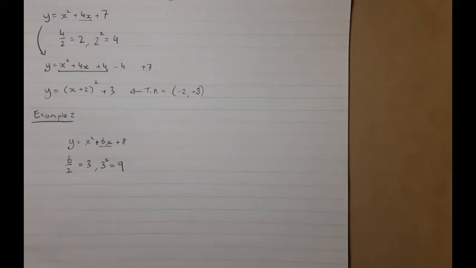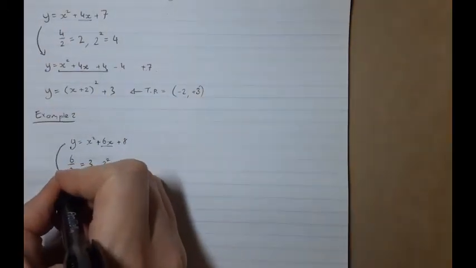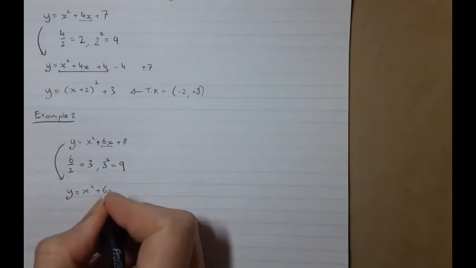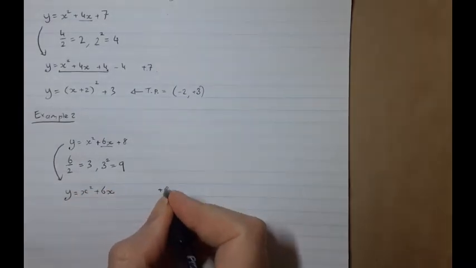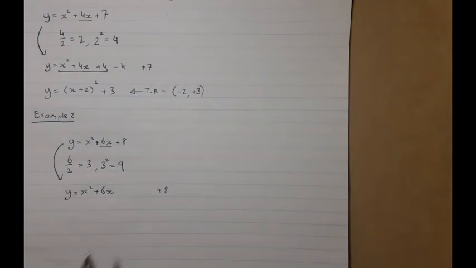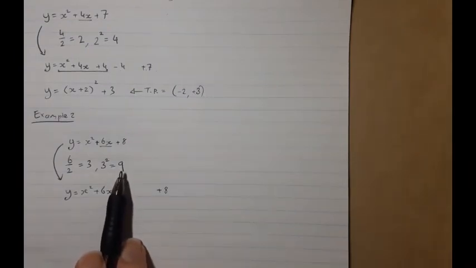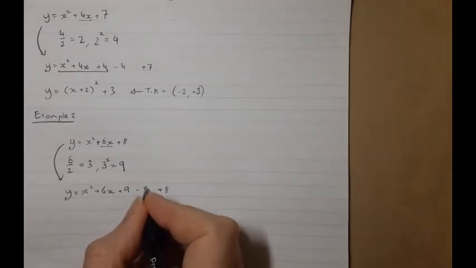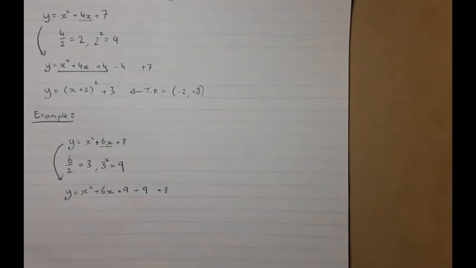Again, the same as last time, we write out our original equation again. y is equal to x squared plus 6x plus 8. But again, notice I left a gap. This gap is so that I can add plus 9 and minus 9. And again, why do I do that?